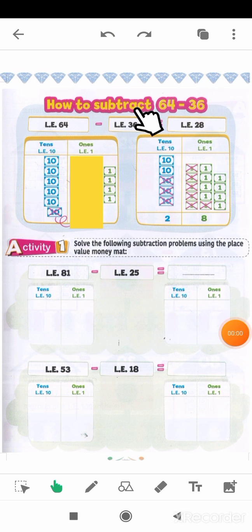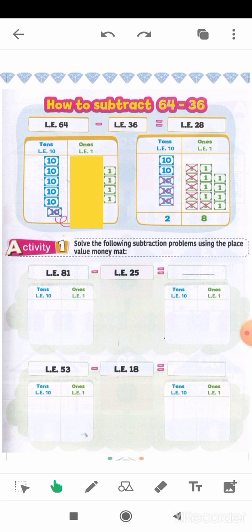How to subtract 64 minus 36? With the decompose method, we have 6 tens and 4 ones. I will take 6 from 4. How to take 6 from 4? I can't.